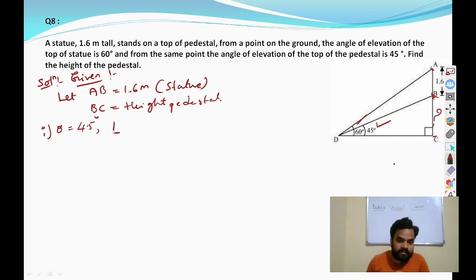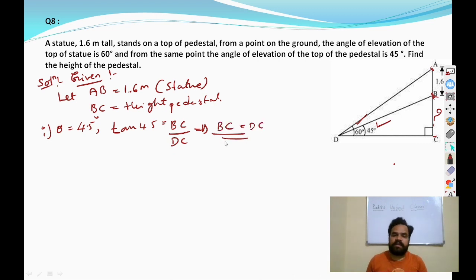So tan 45 equals BC by DC. The tan 45 value is 1, so 1 equals BC by DC, that is BC equals DC. Both are equal. Whenever there is 45 degrees, the opposite and adjacent sides are equal.